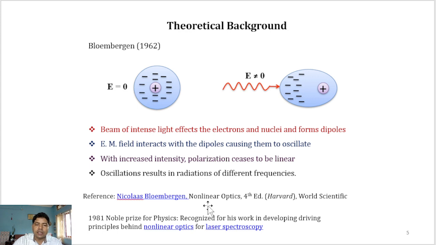This was the basic theoretical background, which was given by Bloembergen in 1962. And in 1981, the Nobel Prize for Physics was awarded for this work, developing the driving principle behind nonlinear optics for laser spectroscopy.